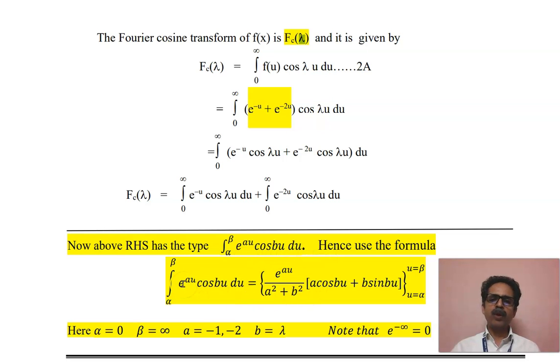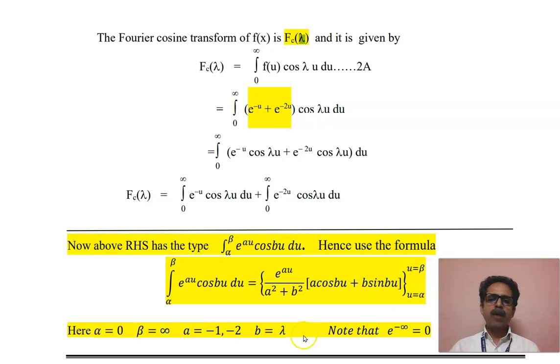And so we have to make use of this formula: integration from alpha to beta e raised to au cos bu du is equal to, in the bracket, e raised to au upon a square plus b square, in the square bracket a cos bu plus b sin bu, from limits u equal to alpha to u equal to beta.